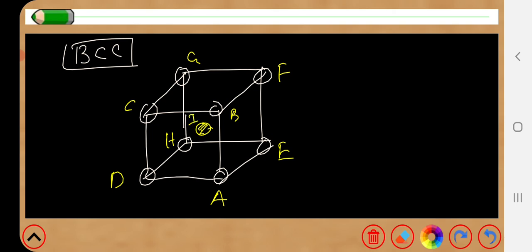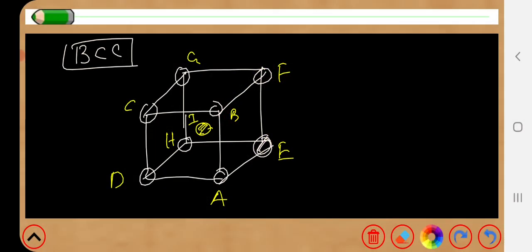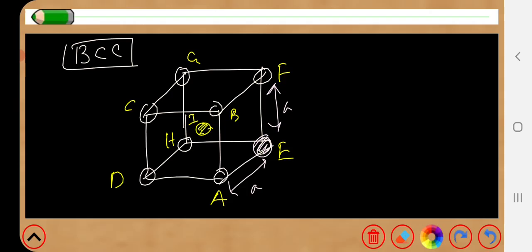Okay, so if we want to find out the nearest neighbor for this E atom, this A atom and E atom distance is A. E to F atom is also distance A. But if I want to find the distance between E atom and I atom, which is at the middle, if we extrapolate, that means if we draw from E to C a line, which is the body diagonal, the EC distance, we know for the cubic structure, is root 3 a.